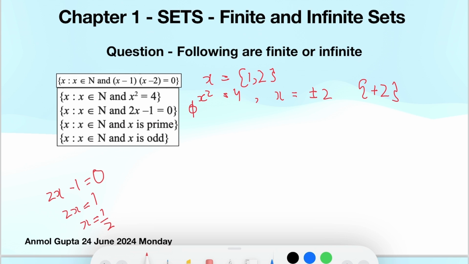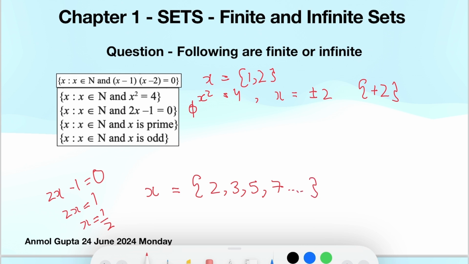X such that x belongs to natural numbers and x is prime. If x is a natural number and also prime, then in roster form we can represent it as 2, 3, 5, 7 dot dot dot.